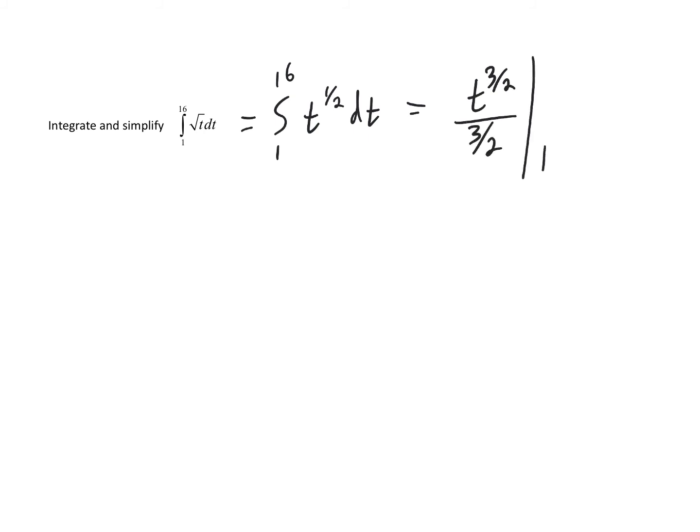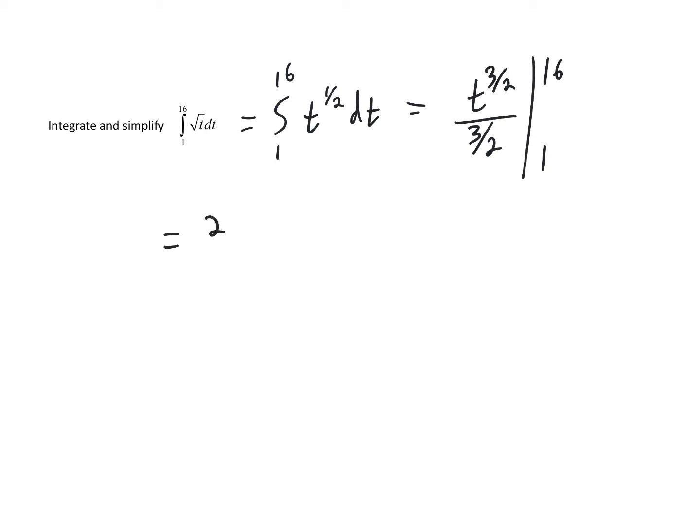This next example is a definite integral. Now this is a very easy definite integral. So we're taking the integral from 1 to 16 of t to the 1/2 dt. This is the same as t to the 3/2 divided by 3/2, evaluated from 1 to 16.